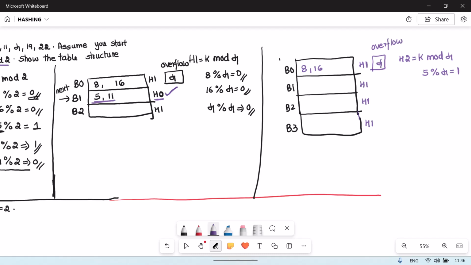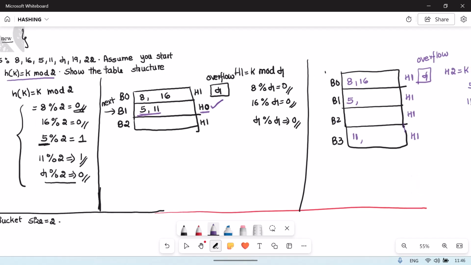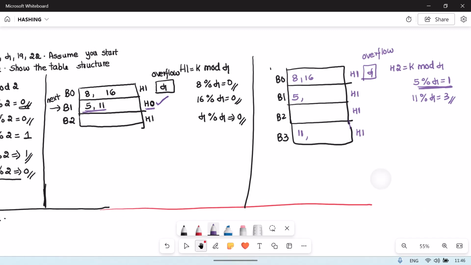Then 11 mod 4 is 3, so place your 11 over here in B3. Next, take the next element. 8 is done, 16 is done, 5 is done, 11 is done, 4 is also done. Next is 19. How do you do 19?